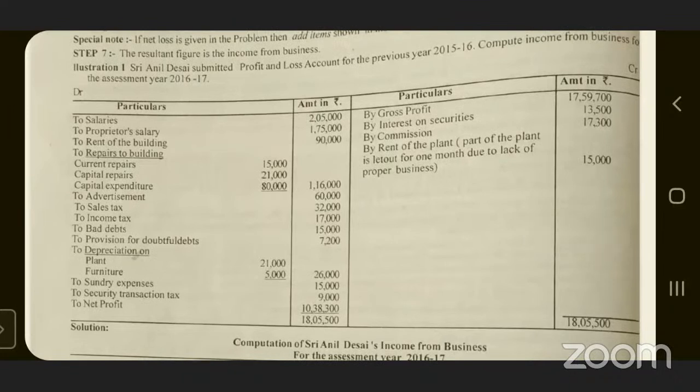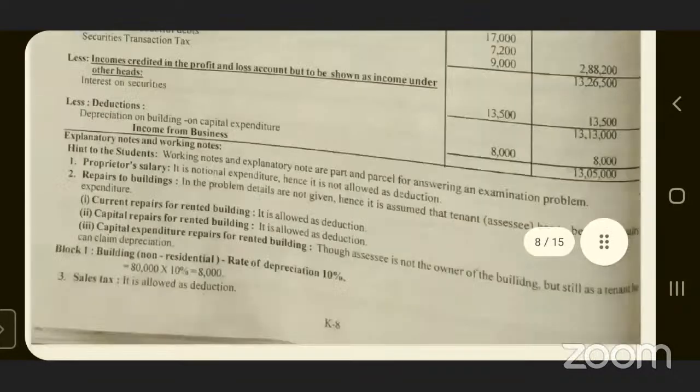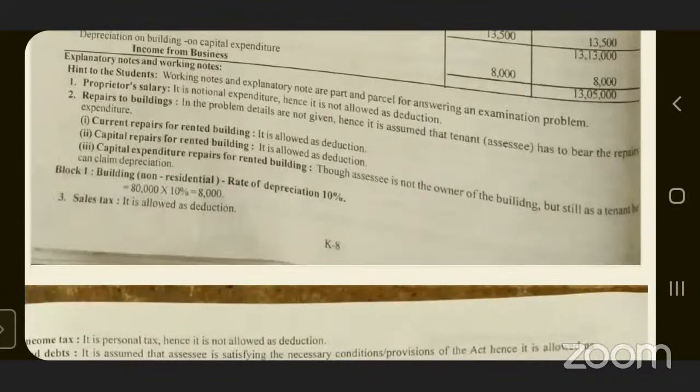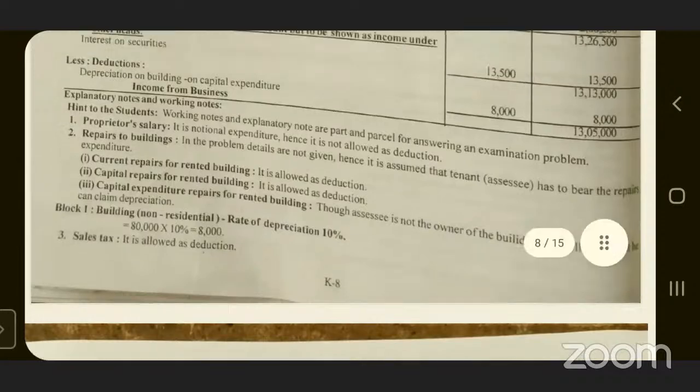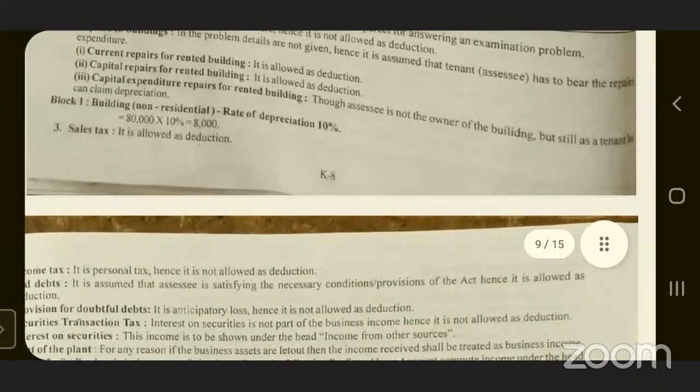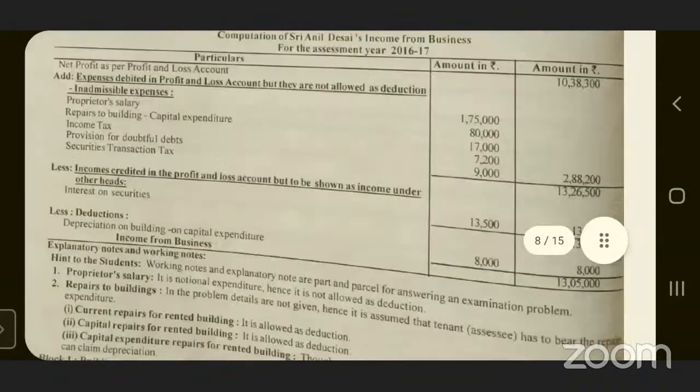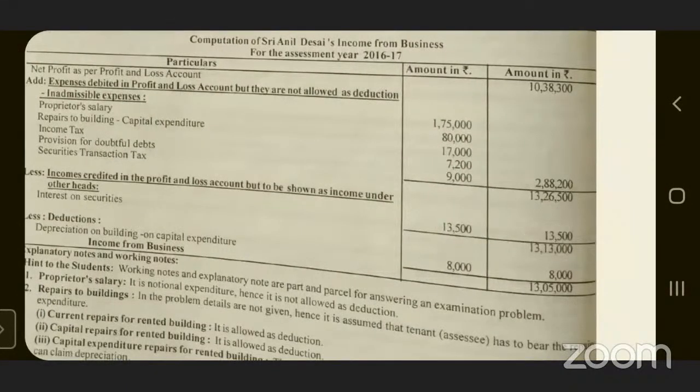So whatever the 80,000 spent as capital expenditure on buildings, at the rate of 10% according to the income tax provisions, will be considered as deduction. So if you make all these adjustments, then we will be getting the resultant figure that will be considered as income from business.